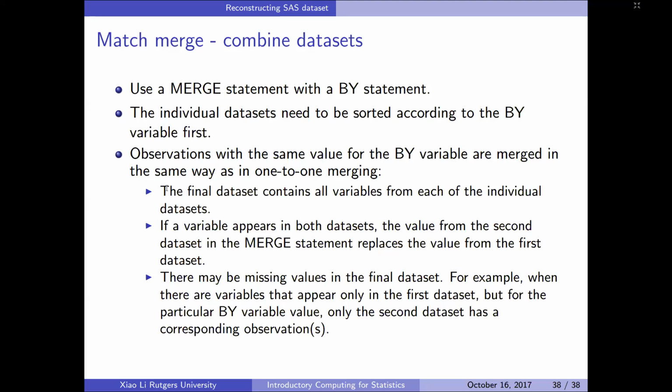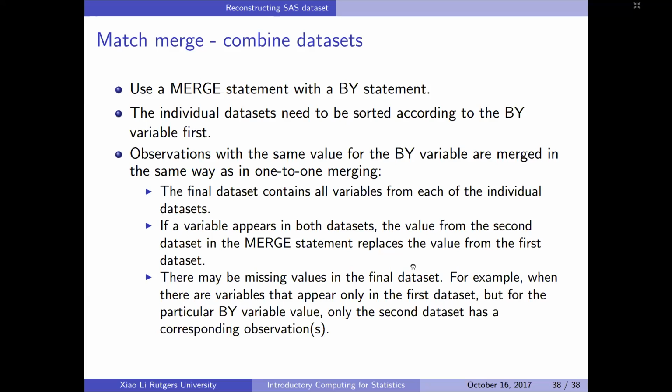The final dataset contains all variables from each of the individual datasets. If a variable appears in both datasets, the value from the second dataset in the merge statement will always replace the value from the first one.